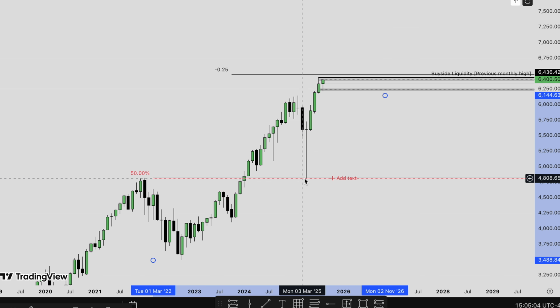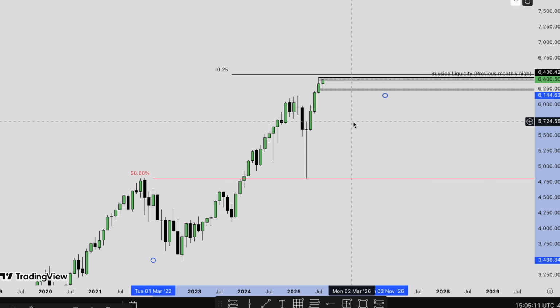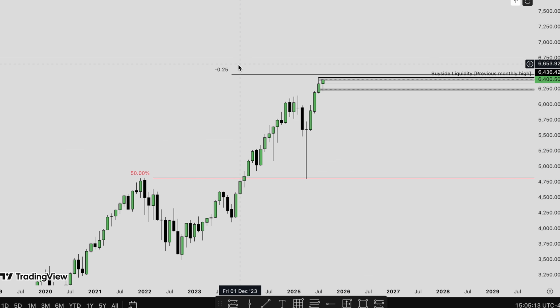And price respected the 50% level, right? So I am bullish on US 500 as well, and then I am targeting the 0.25 standard deviation level. I am bullish on the high time frame for US 500 as well, right?